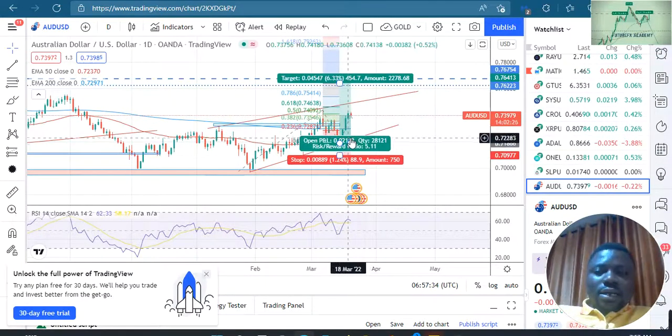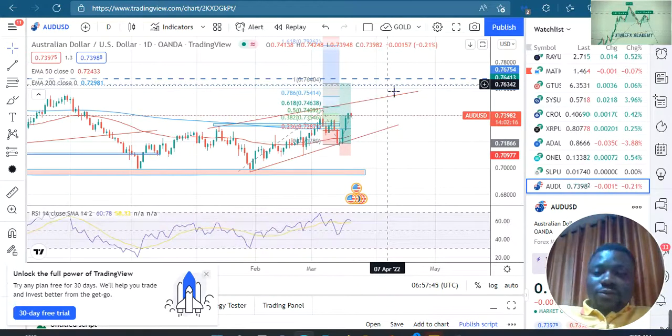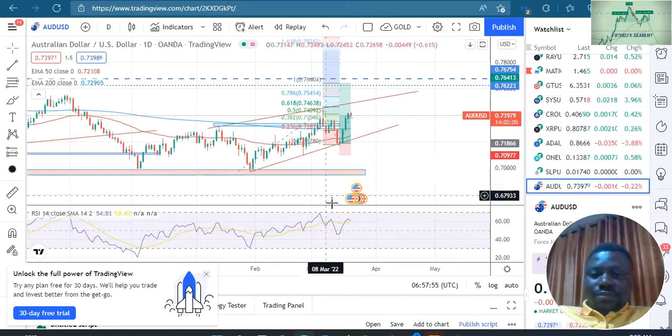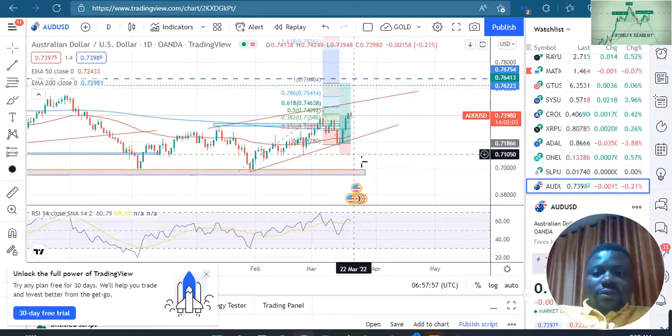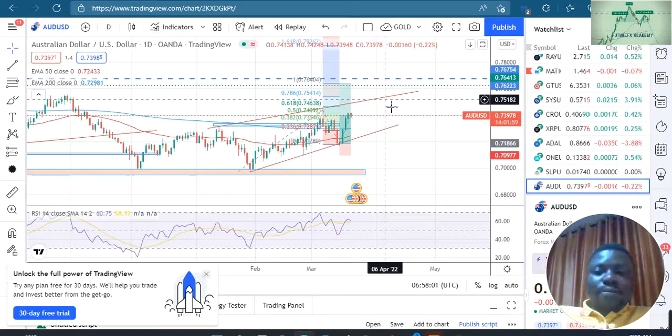The market has played out with about 50% of the target profit. Meanwhile, I expect the market to move as high as 0.7634. So, what am I saying? There is more buy on this particular analysis.